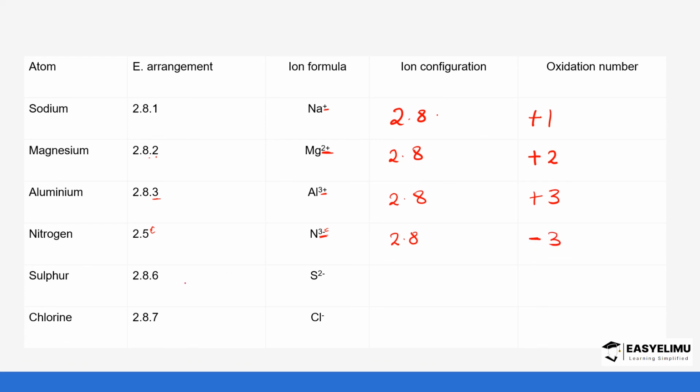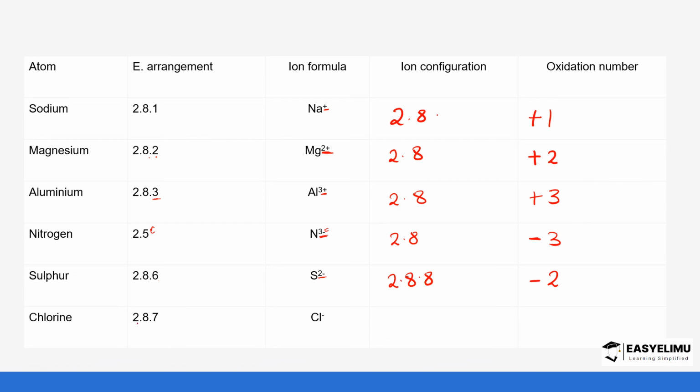Sulfur is atomic number 16. The configuration is 2.8.6. Looking at the formula, it tells us it has gained 2 electrons. So the new configuration is 2.8.8. So the oxidation number is going to be negative and then 2, the number of electrons it had gained.